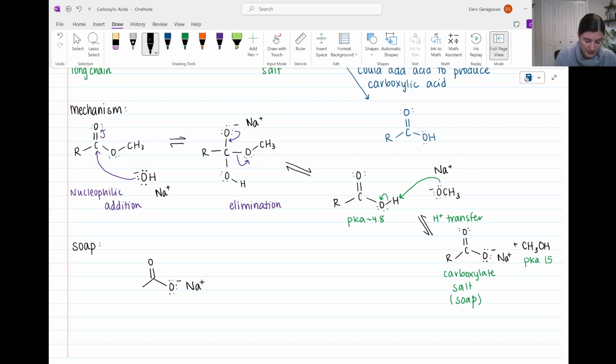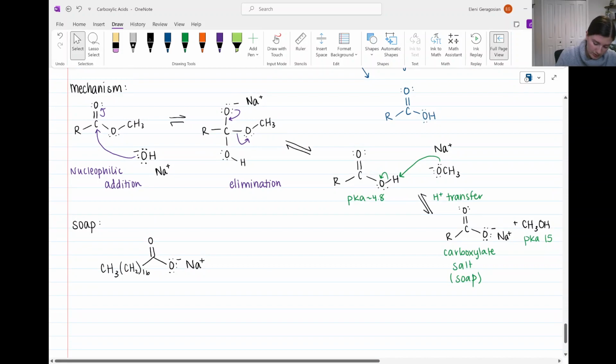And if this carboxylate salt carbon is then bonded to, well, we will draw it out, but for now let's draw the formula: 16 CH2 groups and then a CH3. This is sodium stearate.